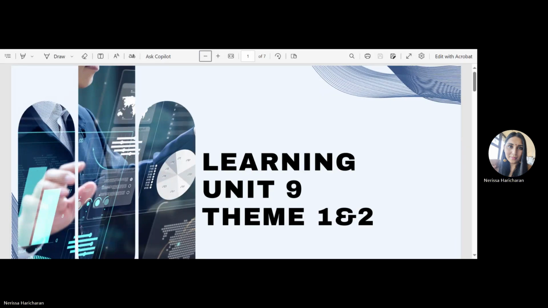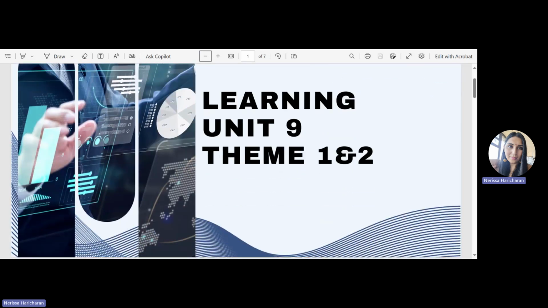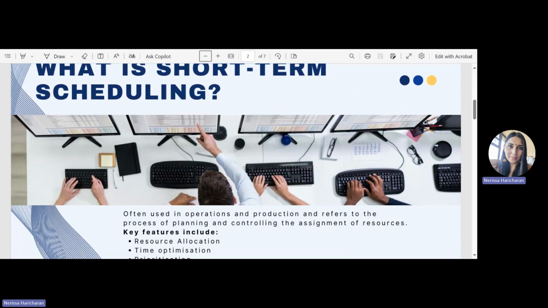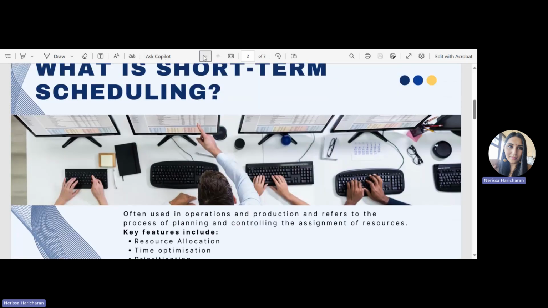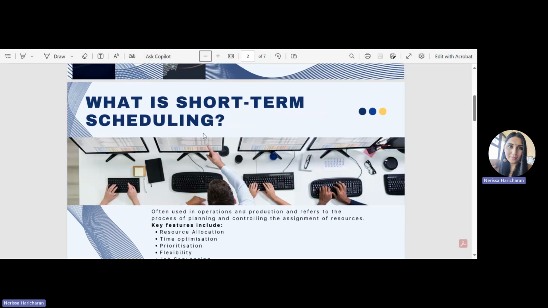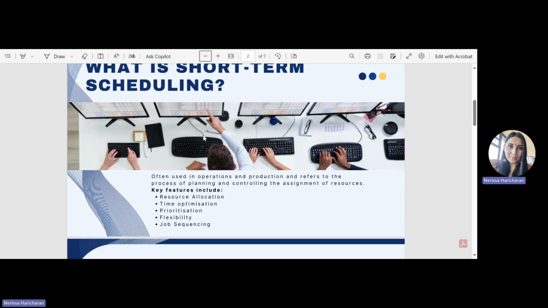Okay, so let's dive into our content for today, which is our Learning Unit 9, Theme 1 and 2. Here we're going to speak about scheduling specifically. And we want to ask ourselves, what is short-term scheduling? Short-term scheduling, we use predominantly in an operations space and a production space.